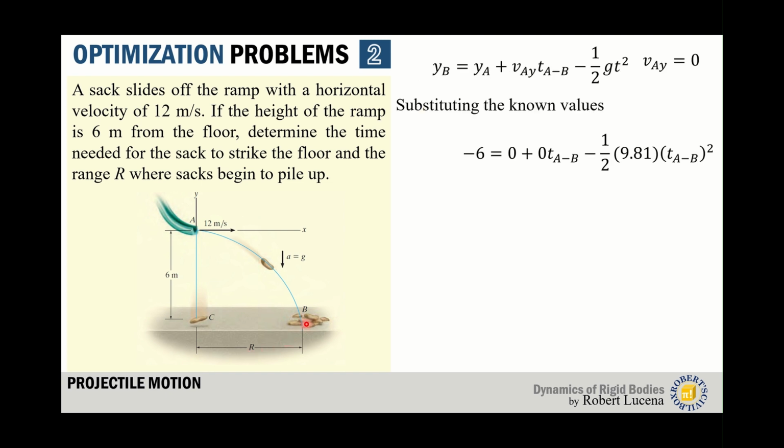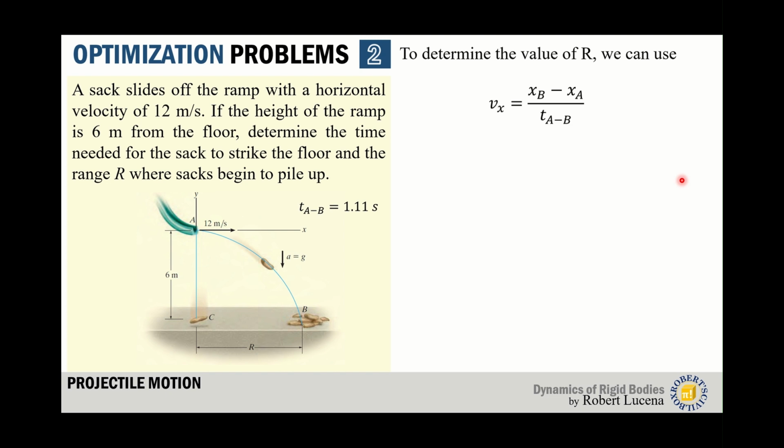So we have the position of point B relative to A, that's negative 6, equals the position of A, which is 0, plus 0 times time, minus 1 half times 9.81 TAB squared. Now, you can solve for that. So TAB is equal to 1.11 seconds.